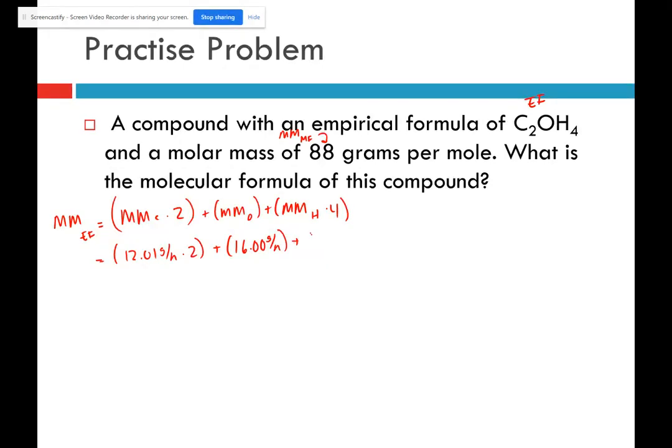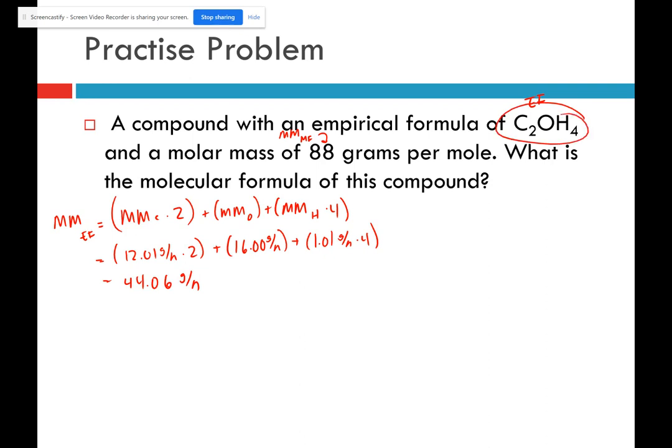These numbers are all coming off the periodic table. If I plug that into my calculator, I'm going to get 44.06 grams per mole.